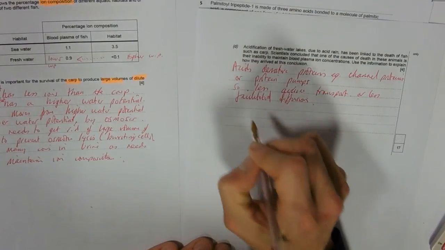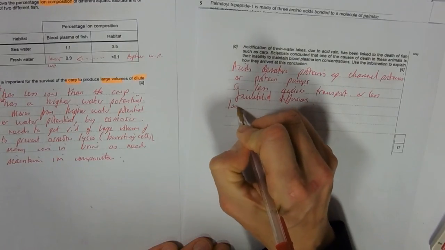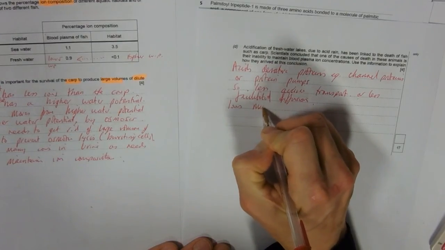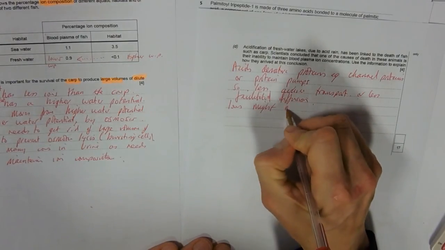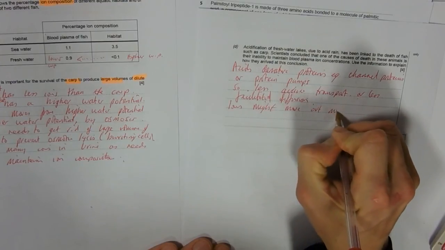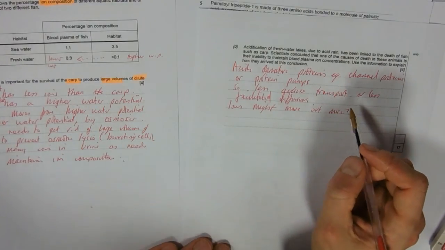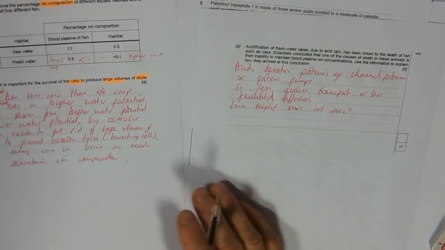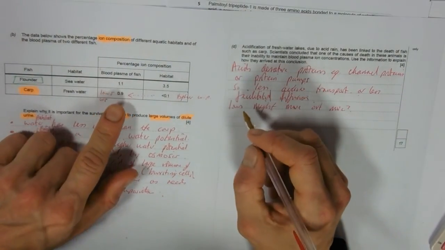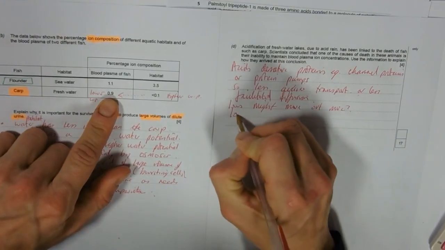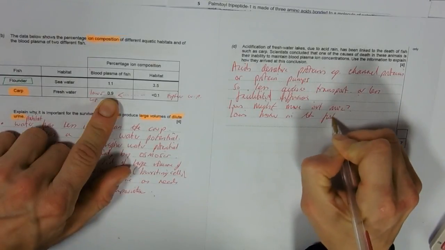So if these are damaged and create gaps possibly, so ions might move out more possibly, even though there's a facilitated diffusion going on. But certainly it's going to be related to this information here, so ions are going to be higher in the fish than the habitat.